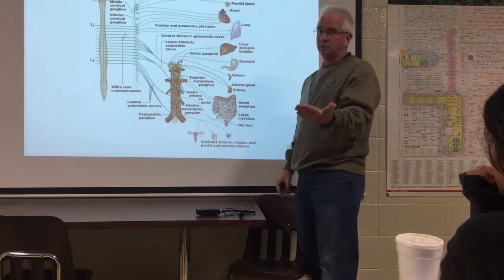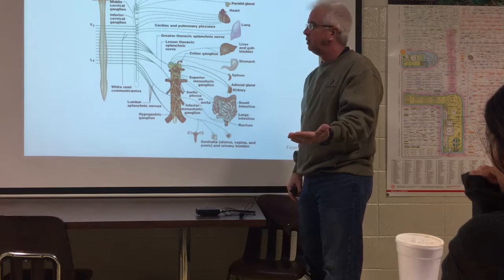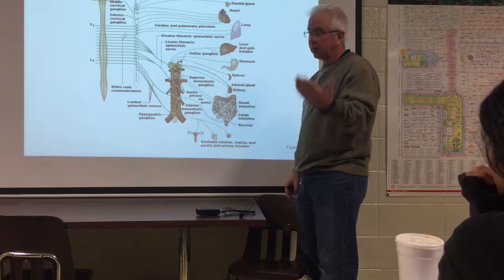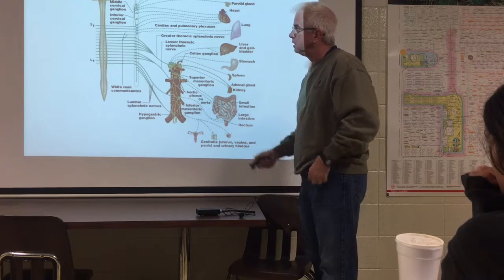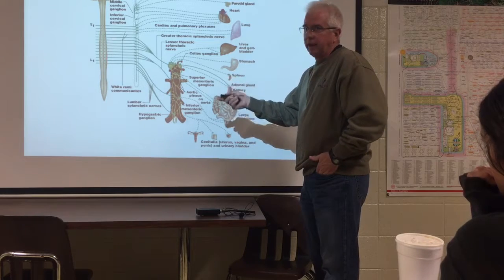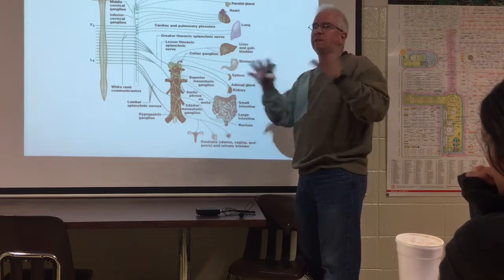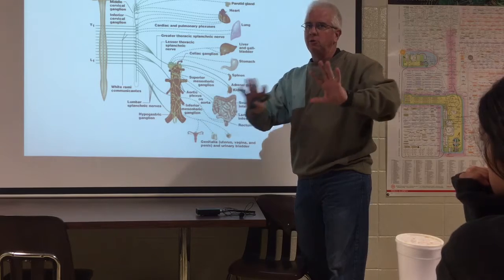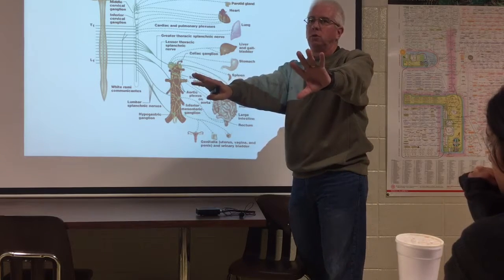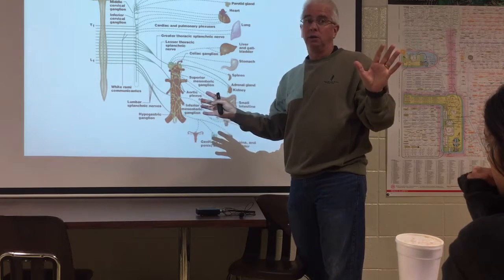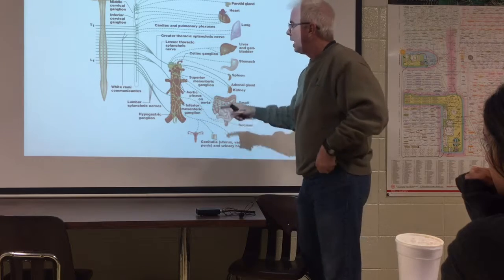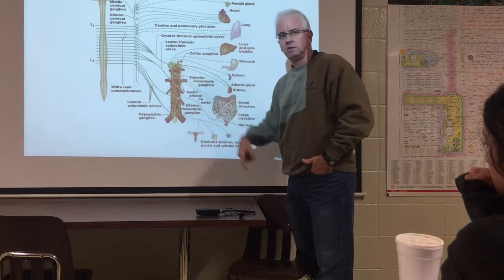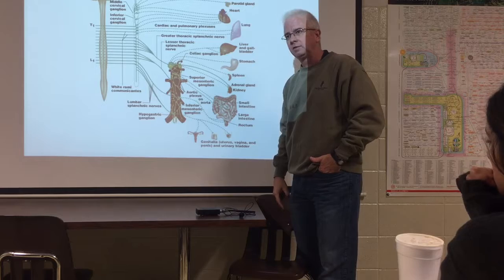The first exception, the exception that I've just pointed out to you here, is that in a lot of cases, you don't synapse in the chain. You go right through. You don't go all the way to the organ, but you get closer to it, and you synapse in a ganglia associated with the three big blood vessels: celiac, superior, and inferior mesenteric.